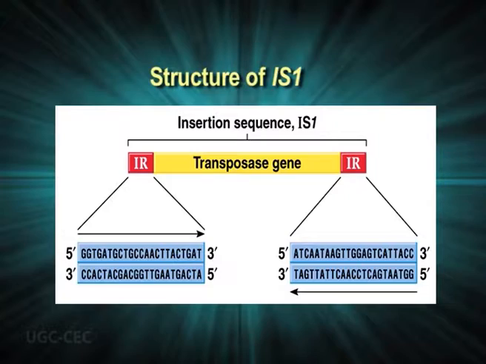They code for an enzyme which helps recognize these sequences, cut them, and move to other sites. So, the transposase is an enzyme which helps in cutting and moving away to different sites, and this is present in the IS elements. There are various IS elements discovered today: IS1, IS2, IS10R, 10L.